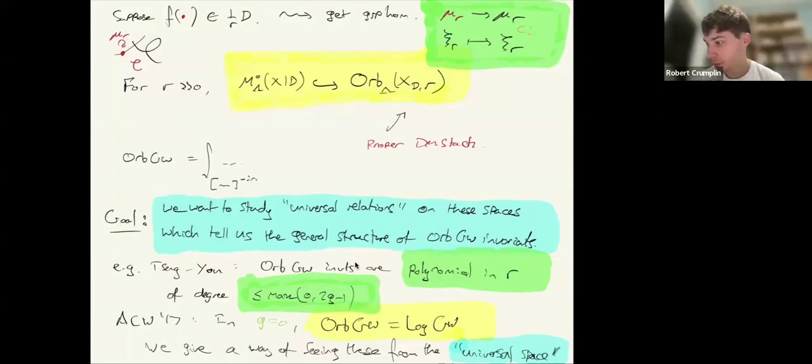A point in this space is a map from some genus g curve to the root stack. So the dimension of this space is going to depend on the dimension of the target, but in general it's much bigger.